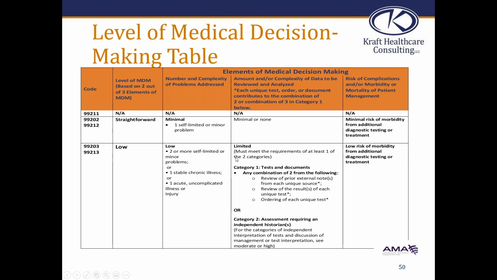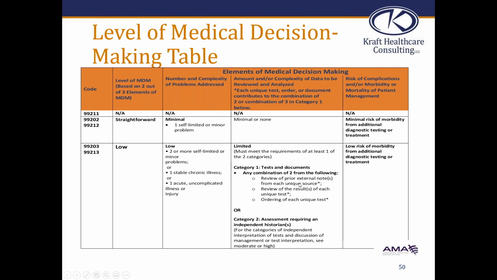And then you go to your amount and/or complexity of data to be reviewed and analyzed, and it tells you right here, you must meet the requirements of at least one of the 2 categories, and it's separated by categories. So any combination of 2 of the following, there's your 1.